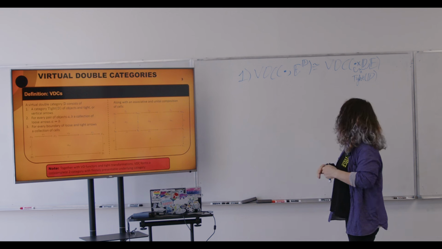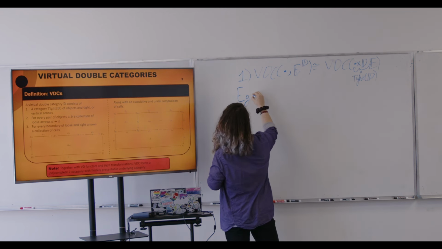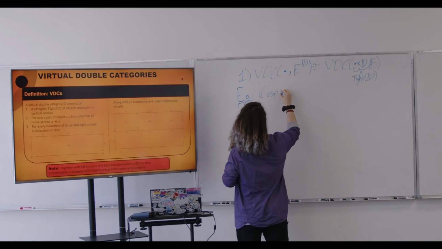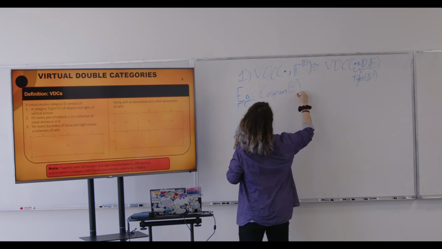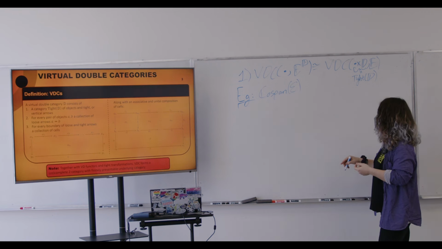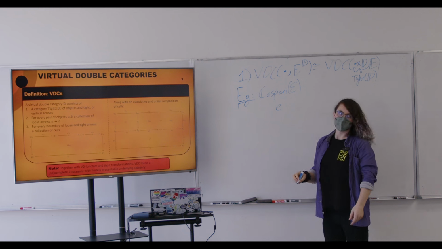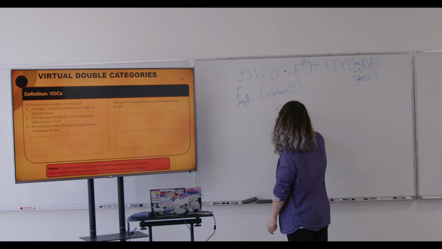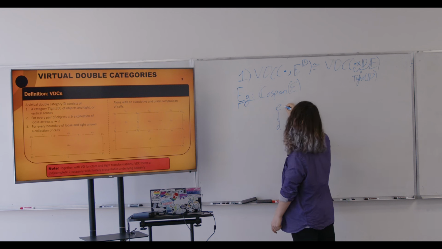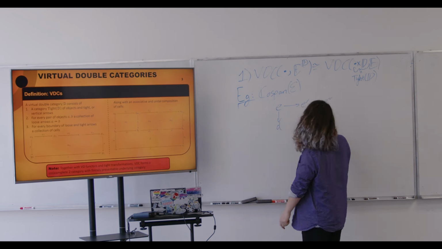Yeah, but I think maybe a good example to consider, which will come up later, is that if you have some category E, we have a virtual double category of cospans. So its objects are just the objects of E. Its tight arrows are just the normal morphisms in E, and then its loose arrows are given by cospans of morphisms.